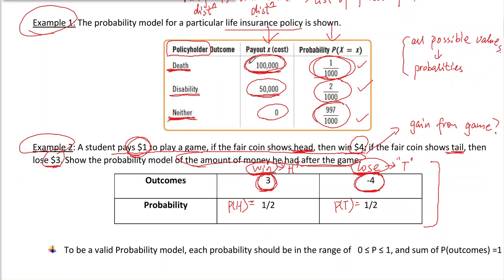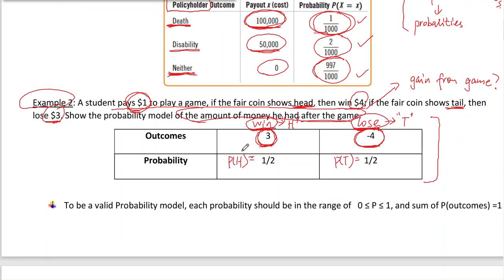All right, and then to be a valid probability model, each probability, of course, will be from 0 to 1, right? So any probability cannot be negative, cannot be over 1.